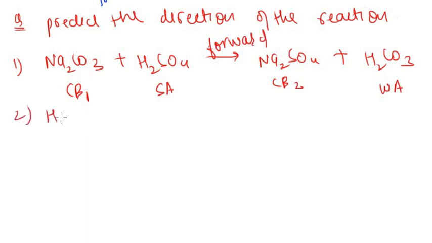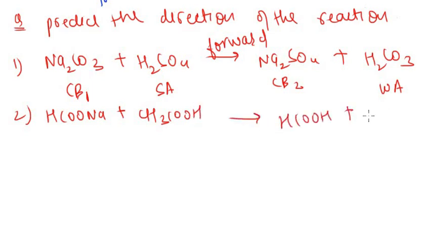In the next case we have sodium acetate, sodium formate, and acetic acid. It will go in CH3COONa. So this is the weak acid and this is the strong acid.